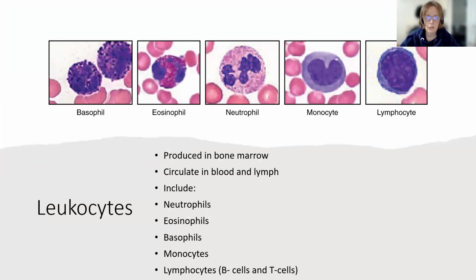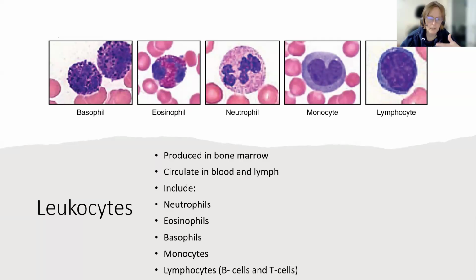So this is non-specific. These are all different types of white blood cell, which are involved in all different types of immune response. They're produced in the bone marrow. They circulate in the blood. They circulate in the lymph. Remember, that's the fluid that drains from the tissues, but not the white blood cells. Loads of different types. Neutrophils we're going to talk about.